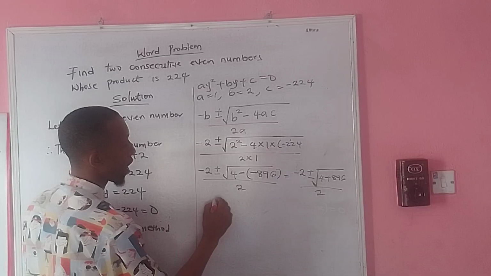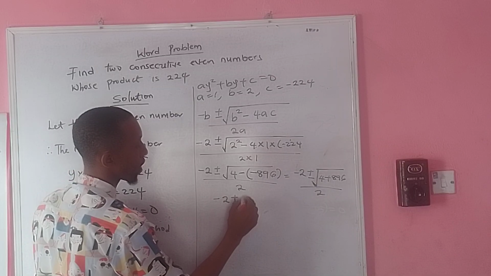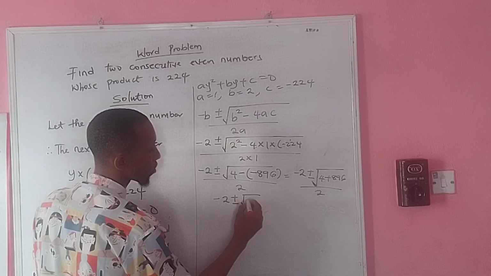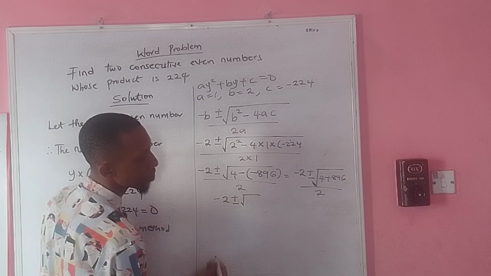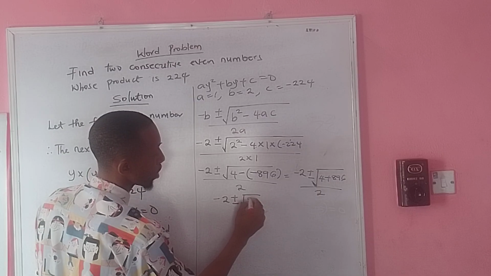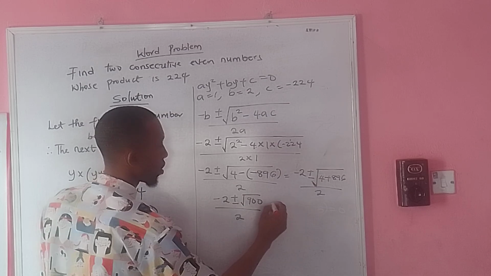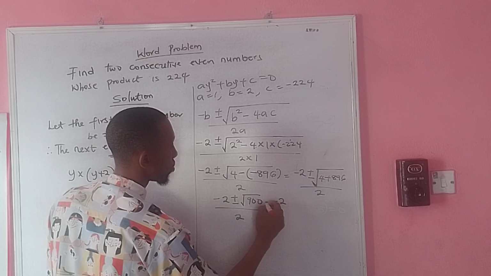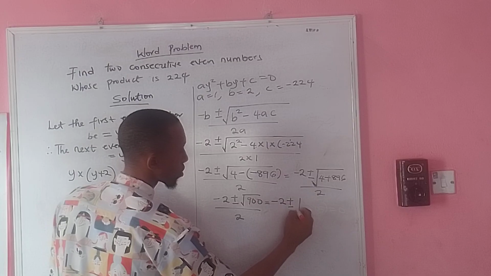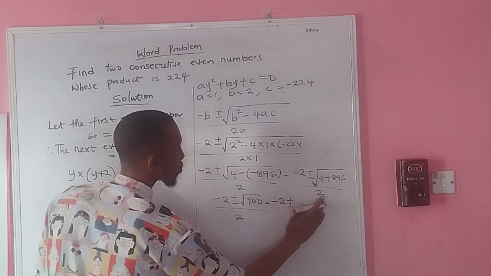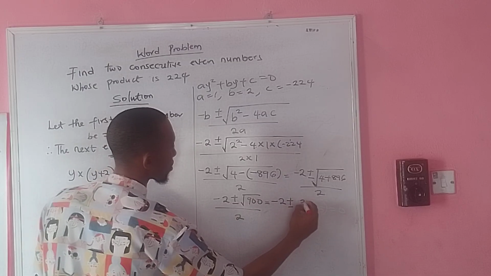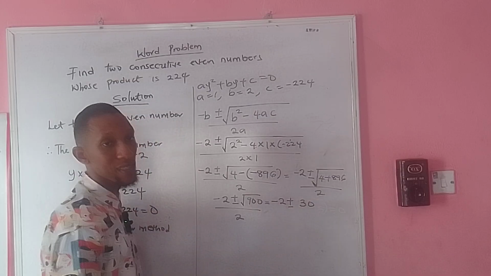Okay? So I have minus 2 plus or minus the square root of 4 plus 896, which will give me 900, all over 2. Now, what's the square root of 900? It is 30, because 30 times 30 is 900.